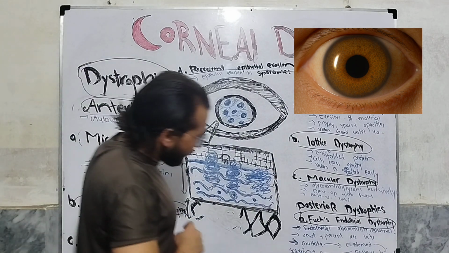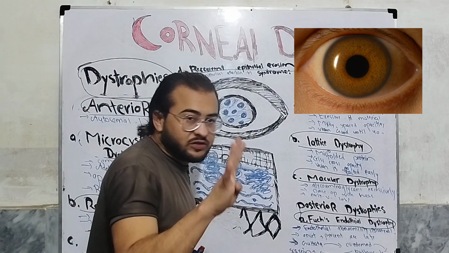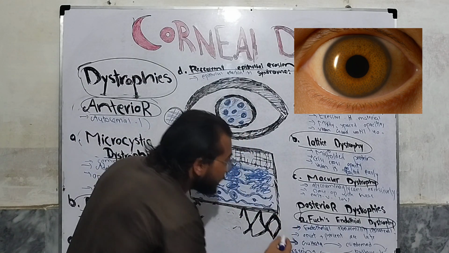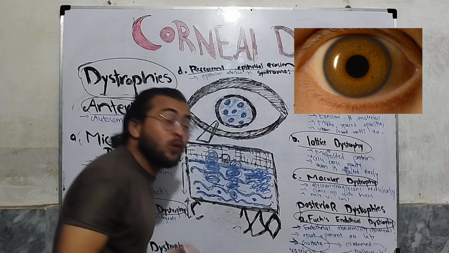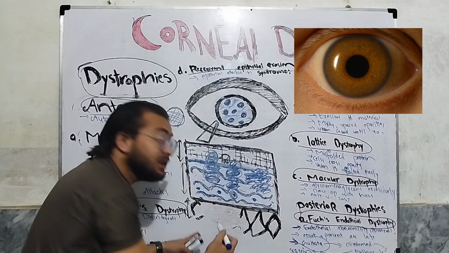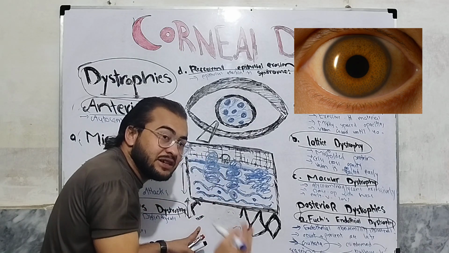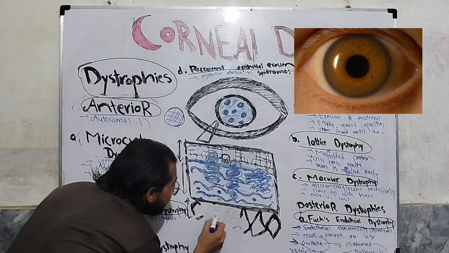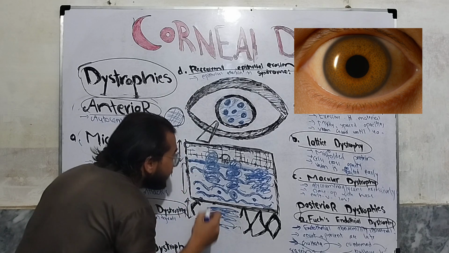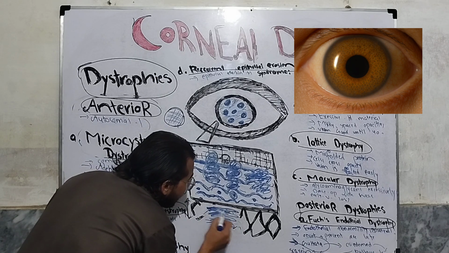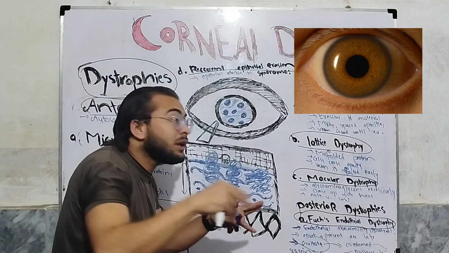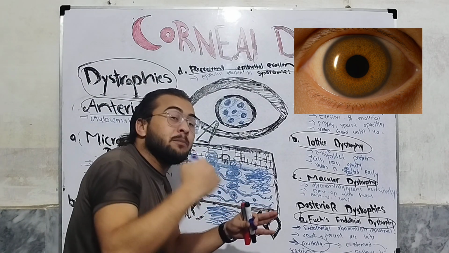It follows 4 stages. Its pathology has 4 stages. The first one is the formation of guttata. What are guttata? When the endothelial cells disappear and disintegrate, collagen fiber will deposit over there. This collagen fiber will deposit in such a way that on the slit lamp it will look like beaten metal.